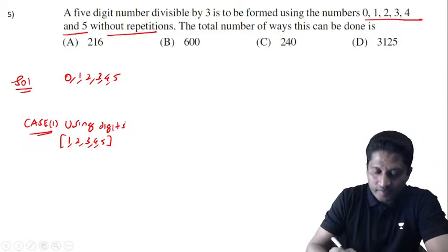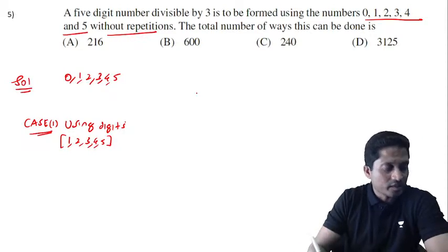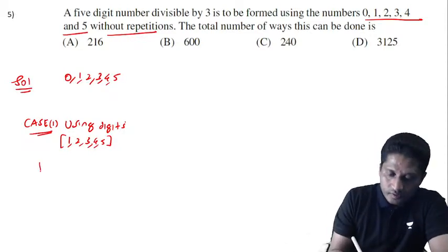If you add all this, you get 15, right? So the sum of the digits is obviously divisible by 3. So it should be a 5-digit number, 1, 2, 3, 4, 5.